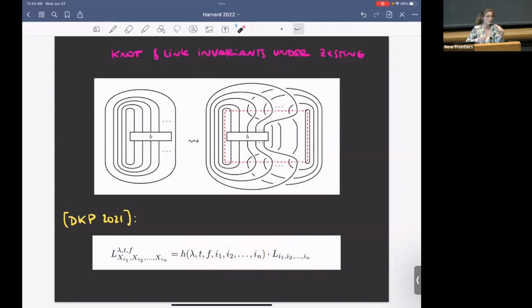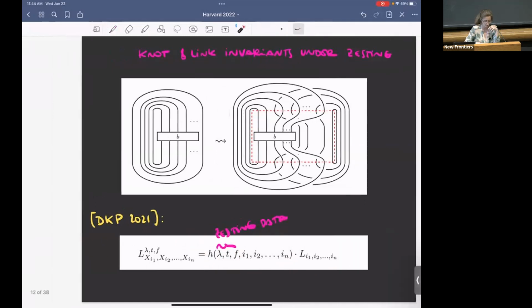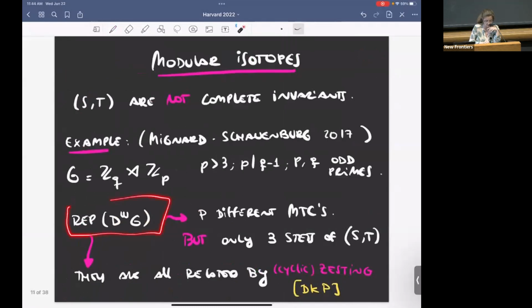The phase depends on the grading, the elements that I was saying that you use to label your blocks, and this is the Zesting data. So it changes using the grading and the Zesting data, but basically just by a factor. So it decoupled nicely.